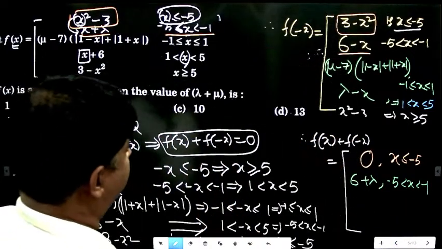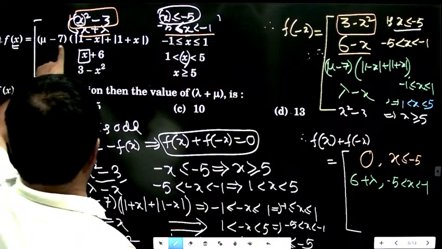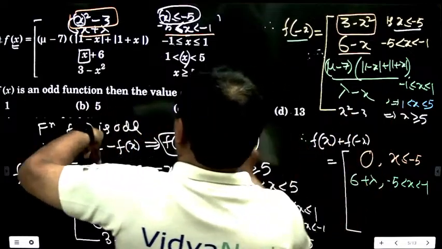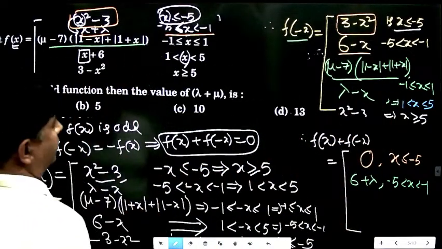Next, between fx, ये दोनों ऐड किया, ये दोनों तो सेम रहेगा, so twice.